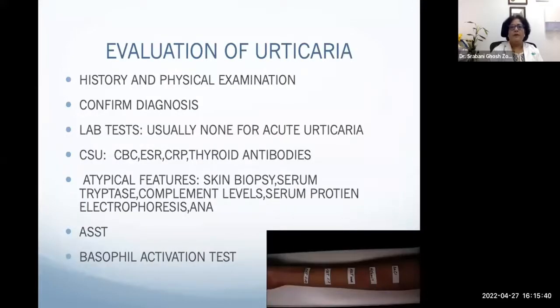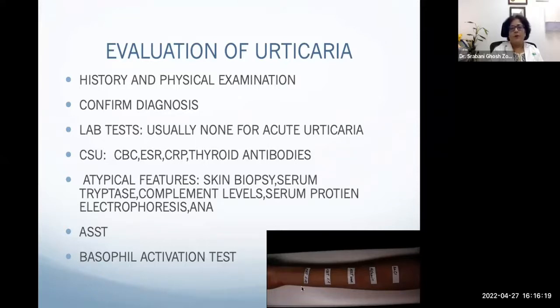So when you evaluate, as I mentioned, history and physical examination, then confirm the diagnosis. For acute urticaria, no laboratory test. For chronic urticaria, you might need to do a couple of tests. If the patient has atypical features, then skin biopsy, serum tryptase, complement levels, electrophoresis, antinuclear factor, those might be important. And the autologous serum skin test, where we use serial dilutions of the patient's own serum over the forearm to see the positive flare reaction, is considered as presence of circulating antibodies.